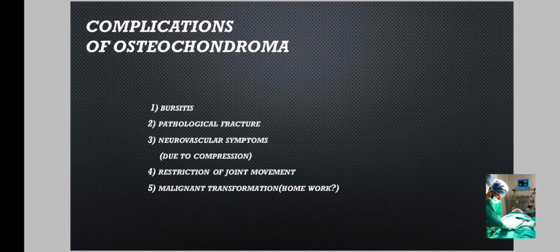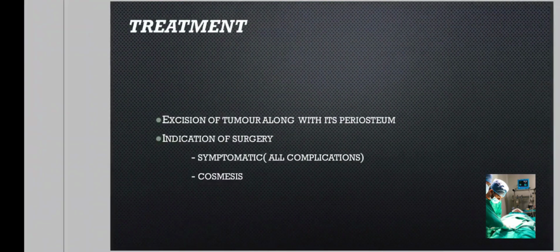First one is bursitis, pathological fracture, neurovascular symptoms due to compression of some surrounding neurovascular structure, like when there is an osteochondroma from the neck of the fibula, it will be compressing the common peroneal nerve, causing some pain and foot drop as well. Then there will be restriction of the joint movement, and then sometimes it can undergo malignant transformation. What is the malignant transformation? You have to tell that in the comment section.